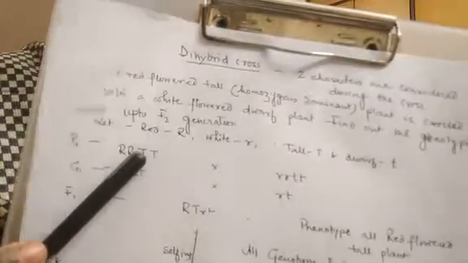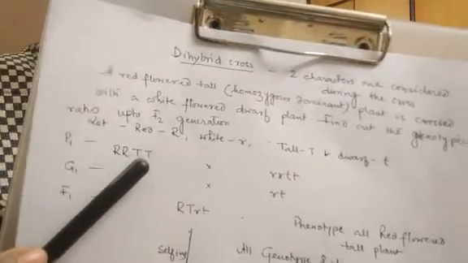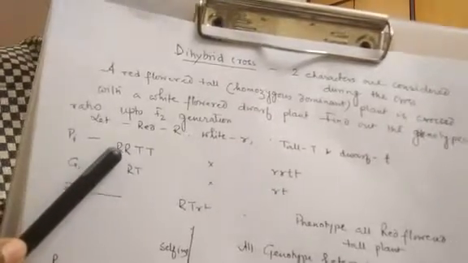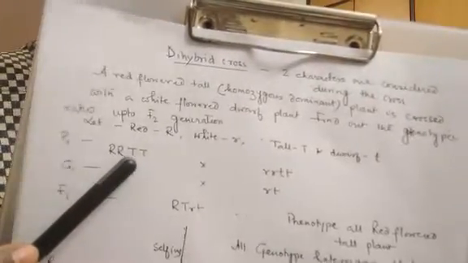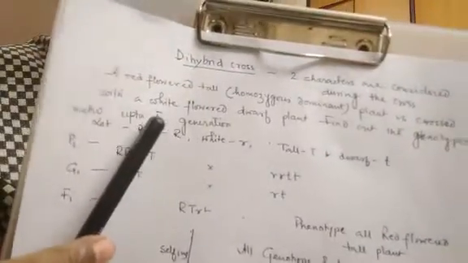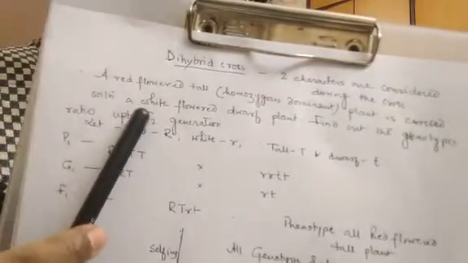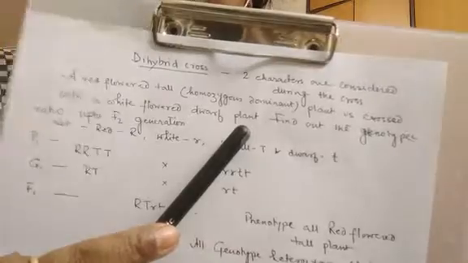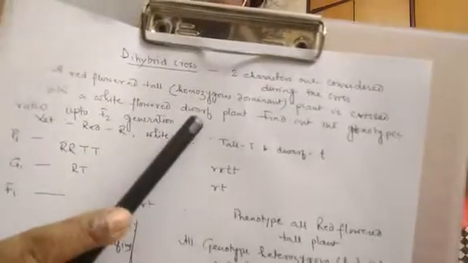So the genotype of one parent will be capital R capital R, capital T capital T. Now what about the other? It is crossed with a plant which is white flowered, dwarf plant. Obviously, since the first is dominant, the other one will be recessive, so white is recessive here and dwarf is recessive here.